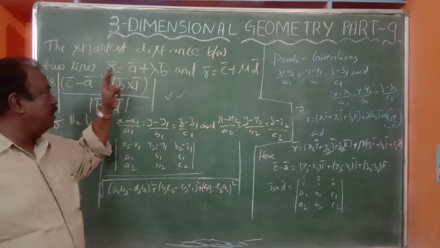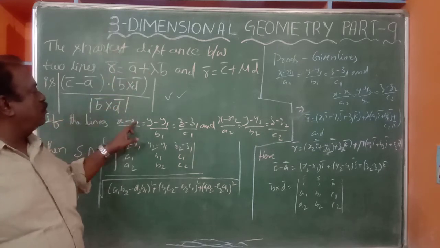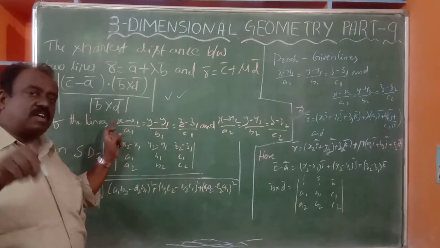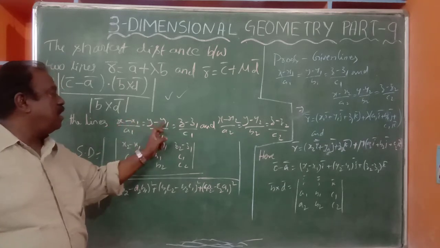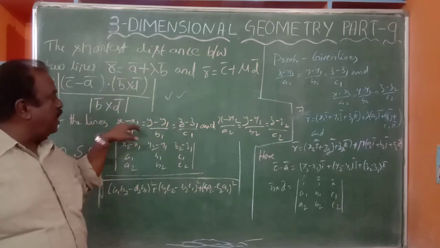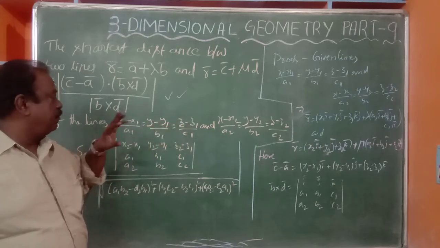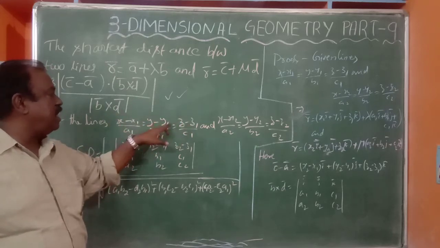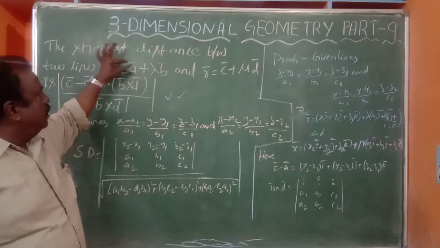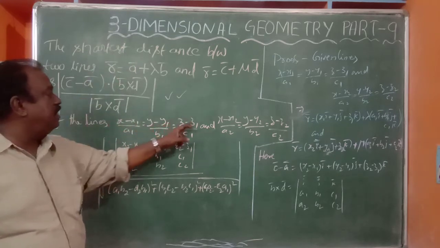The vector equation of a line is a bar plus lambda b bar, where a bar is x1, y1, z1. Try to understand, I told you clearly there also: x1, y1, z1 are the coordinates of point A. Then x1 i cap plus y1 j cap plus z1 k cap is the vector a bar. Don't confuse: a bar is the point A whose coordinates are x1, y1, z1.